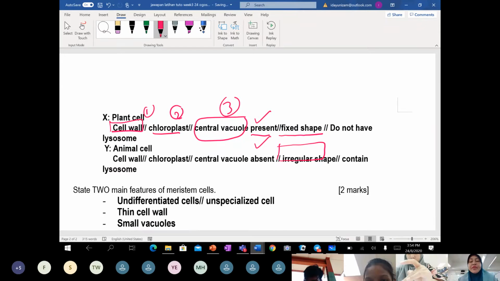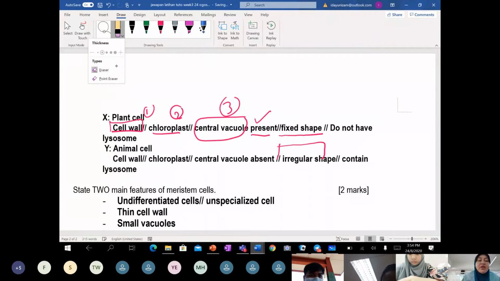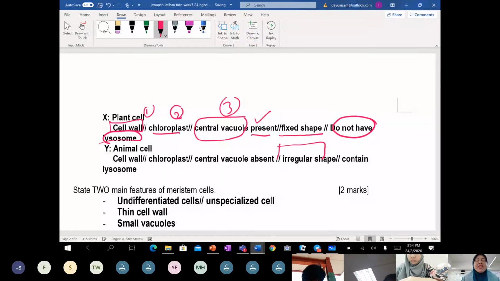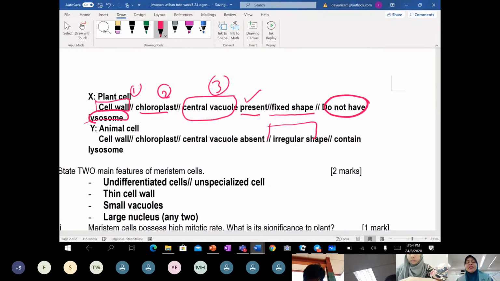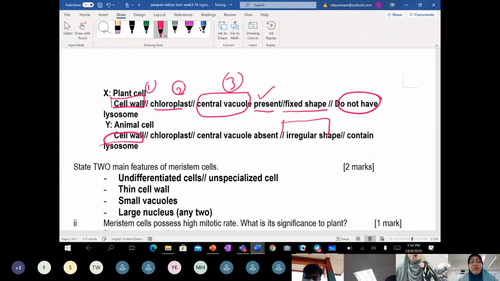Okay, for your answer. And what is absent? Just now the plant cell has all three structures, but the plant cell does not have the organelle known as lysosome. So in order to answer why it is an animal cell, you give the vice versa.